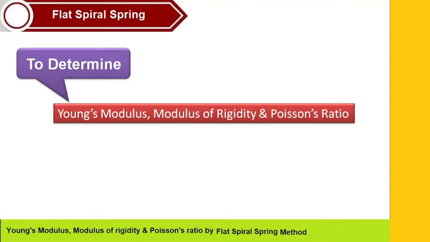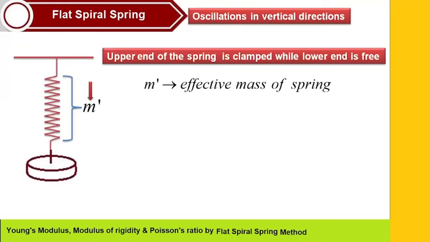Flat spiral spring method is used for determining Young's modulus, modulus of rigidity, and Poisson's ratio. It is divided in two parts: oscillations in vertical direction, as shown in the figure.